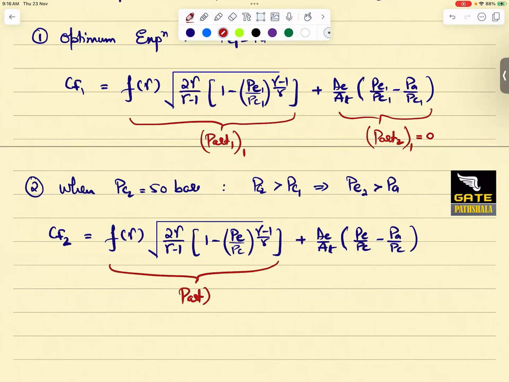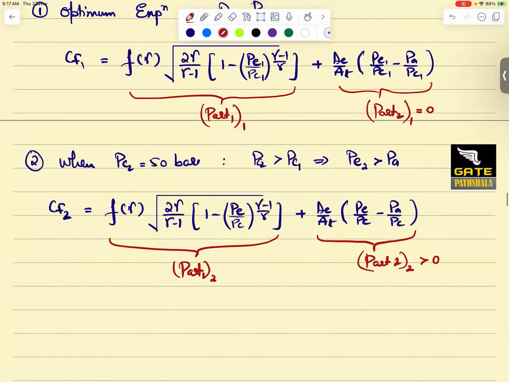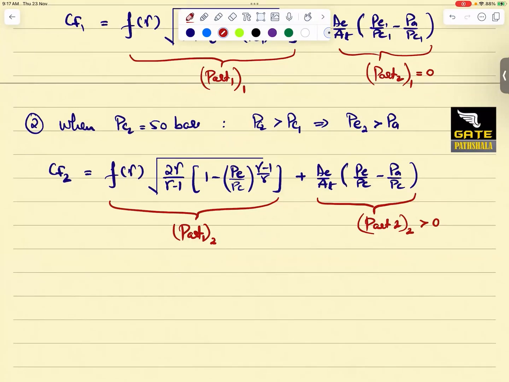Let this be called part 1 for the second condition, and this part 2 of the second condition. Now, if PE2 is greater than PA, what will happen to part 2 for the second case?